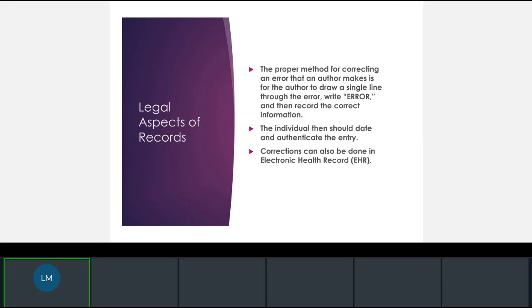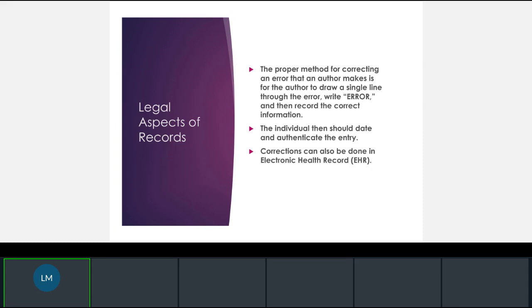The proper method, if you had to correct an error, now this is in a paper record, is to draw one single line through it. You'd have to write the word error, make the correction, and then date and sign or initial that correction. Now, when it's in an electronic health record, there is a proper way to do that.